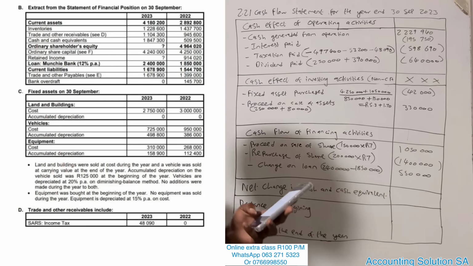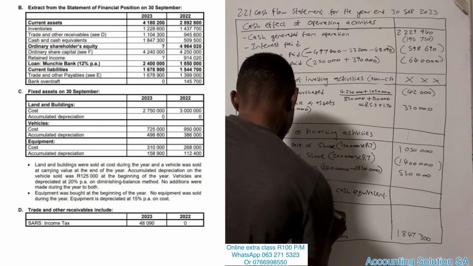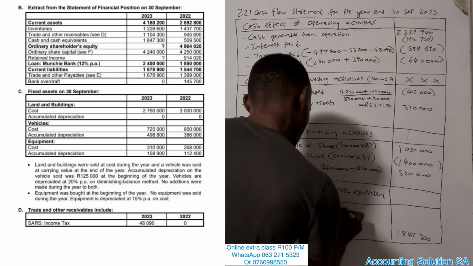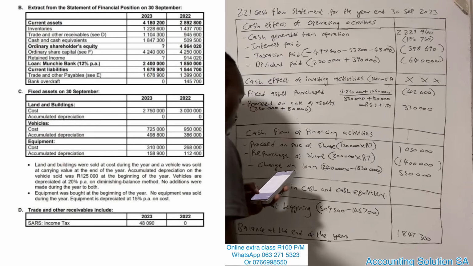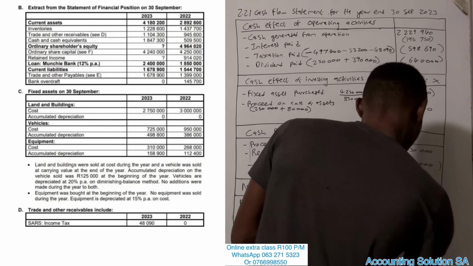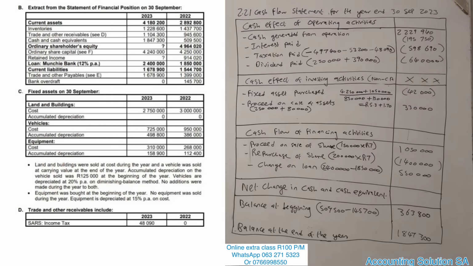If there is a bank overdraft, guys, first open a bracket, say your cash and cash equivalent of 509,500, and first subtract bank overdraft because there are charges from the bank. You must first pay the liability and be left with the balance. Okay, the balance is 363,800.